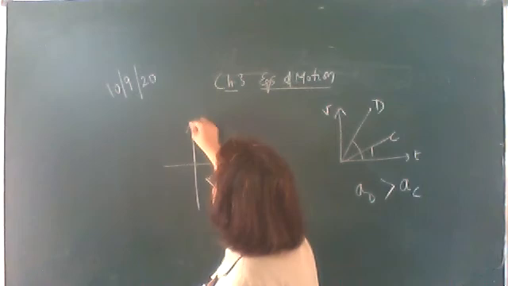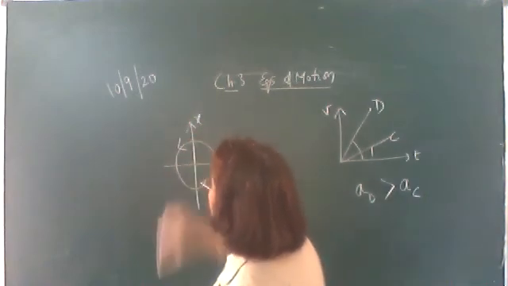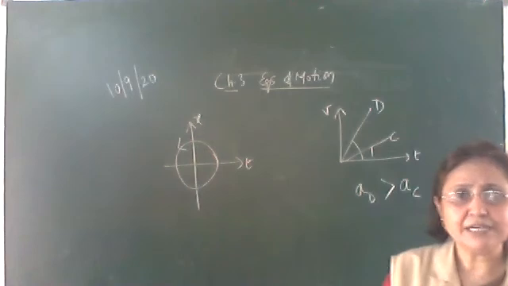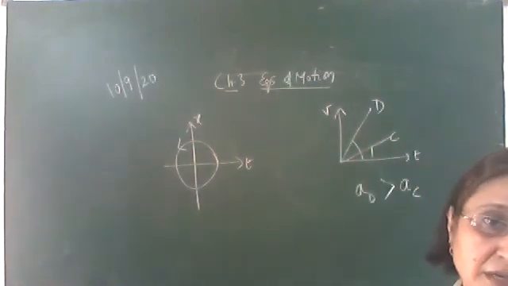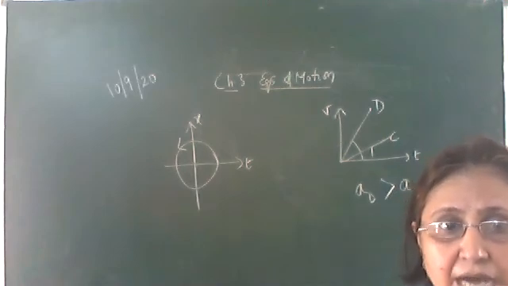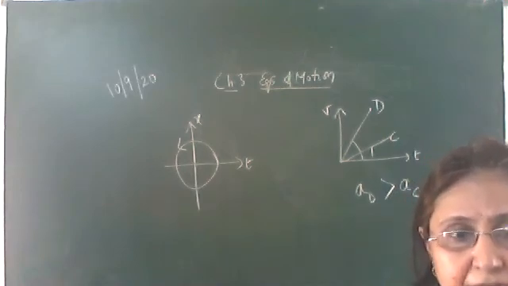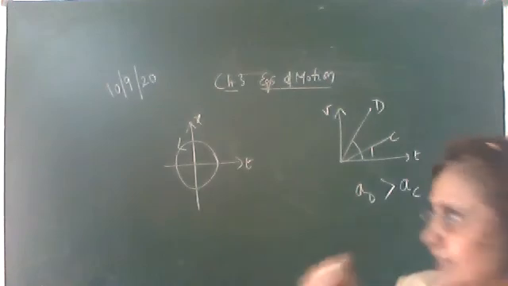Okay, let this be an x-t graph. Particle is moving like this. Is it representing 1D motion? One dimensional motion means it should be moving in a straight line. At a particular instant of time, its position should be a single position.